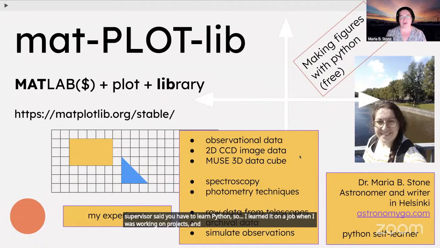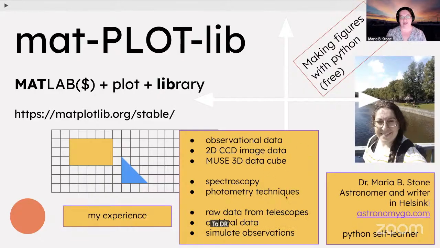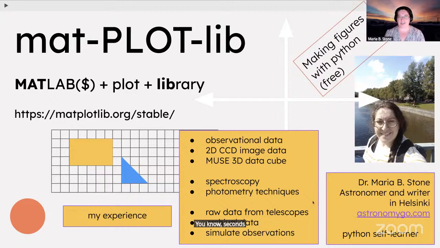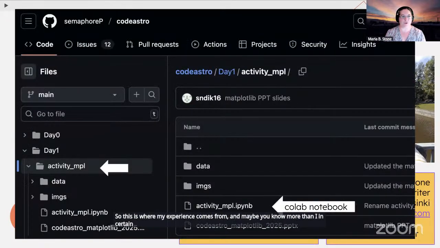I mostly work with observational data, 2D or 3D spectroscopy or photometry, using just table data and visualizing it. I did do some simulations and continue to do so, such as how a galaxy would look if it was exposed for X number of seconds in certain filters with certain noise. So this is where my experience comes from, and maybe you know more than I do in certain things, so feel free to jump in.